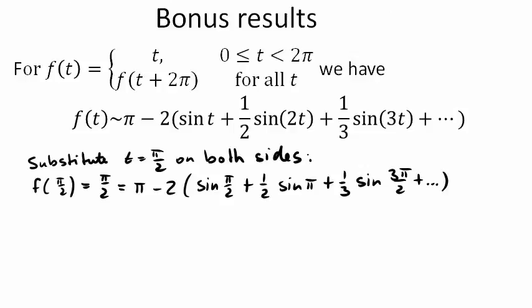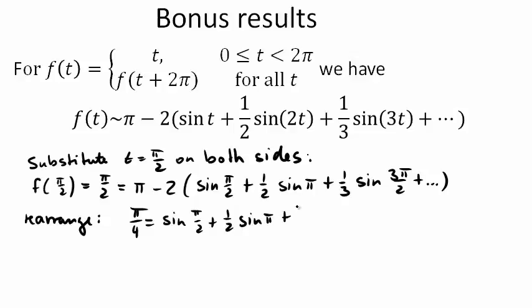Now if I rearrange this, I will get pi over 4 is equal to what's in these brackets here, sine pi on 2 plus a half sine pi plus a third sine 3 pi on 2, and so on.